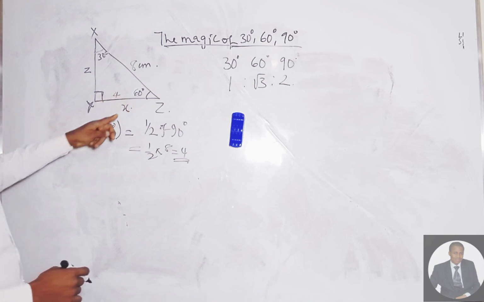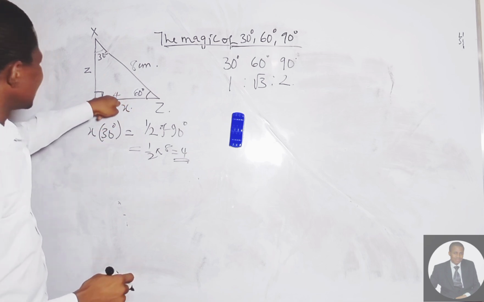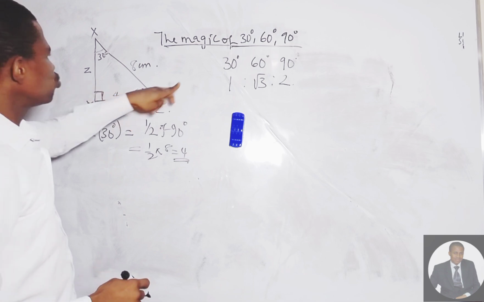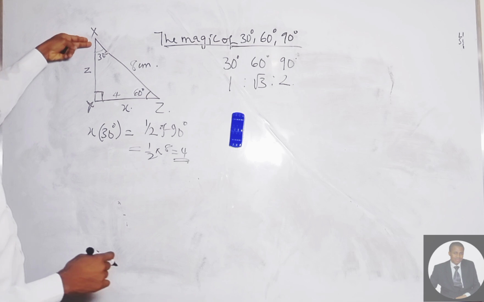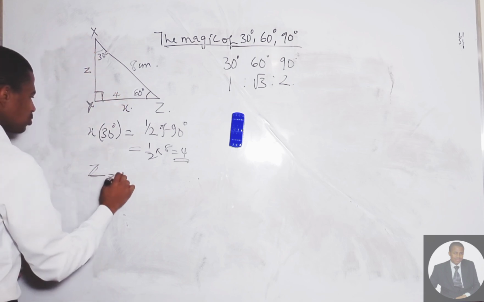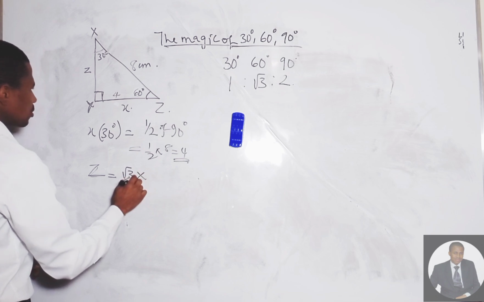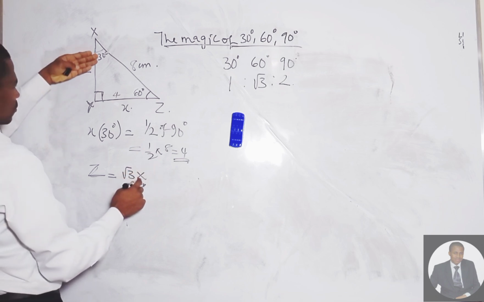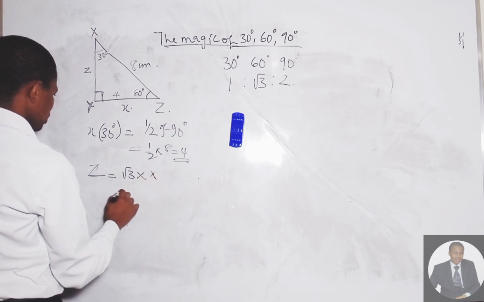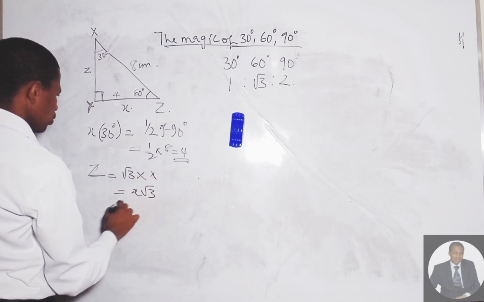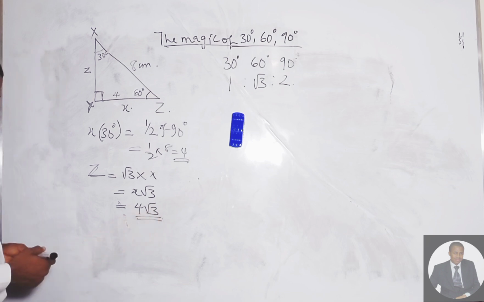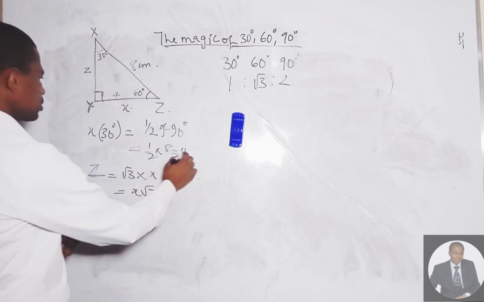Now, if X is 4, the side facing angle 60 is root 3 times whatever the side facing angle 30 is. So Z is equal to root 3 times X. What is X? 4. So Z is 4 root 3 centimeter.